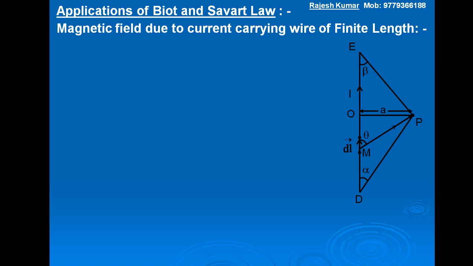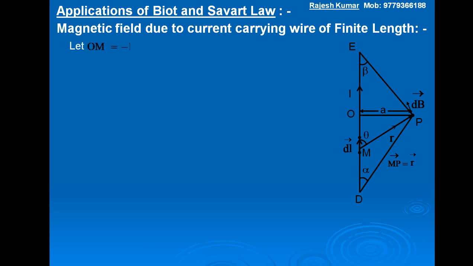MP vector is equal to r vector, or we can say r vector makes an angle theta with the vector dl. Suppose at point P the magnetic field due to small element dl is dB.